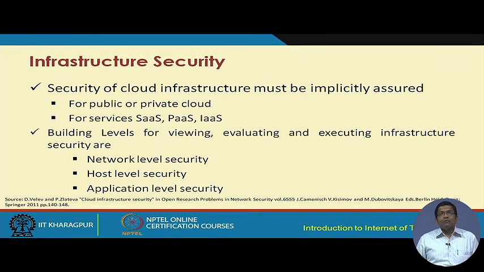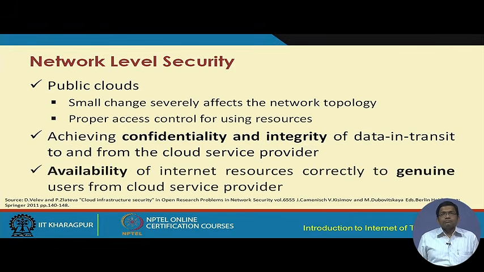So, security of cloud infrastructure must be implicitly assured for public or private cloud, for services such as SaaS, PaaS and IaaS. Building levels of viewing, evaluating and executing infrastructure security include network level security, host level security and application level security.